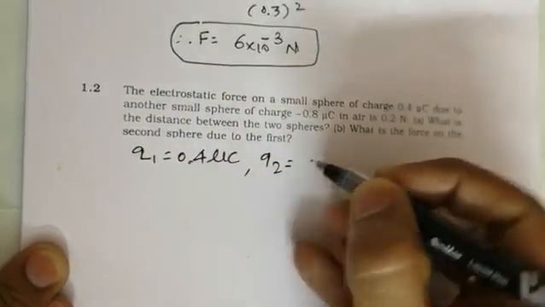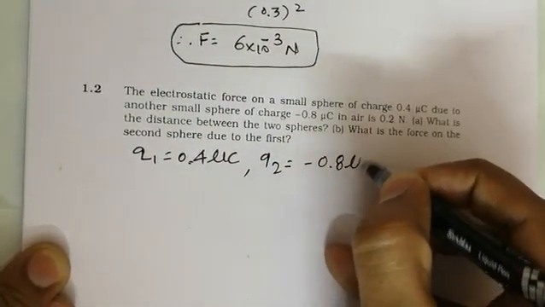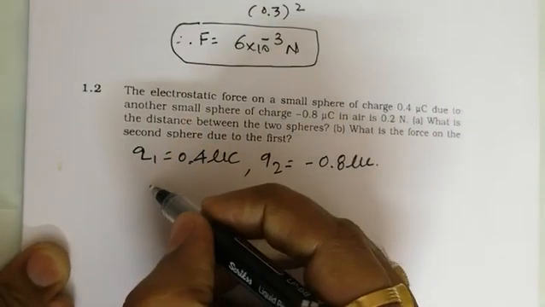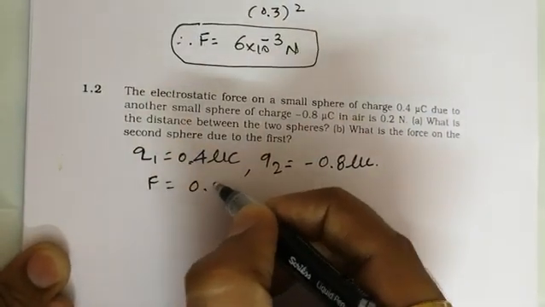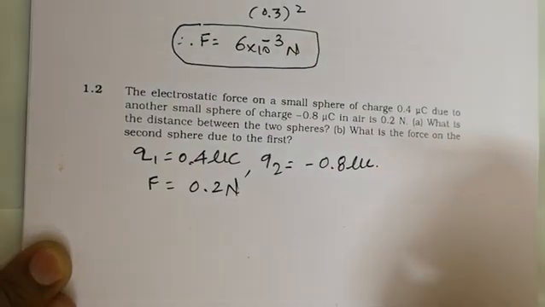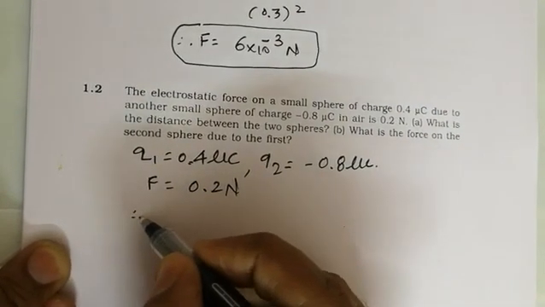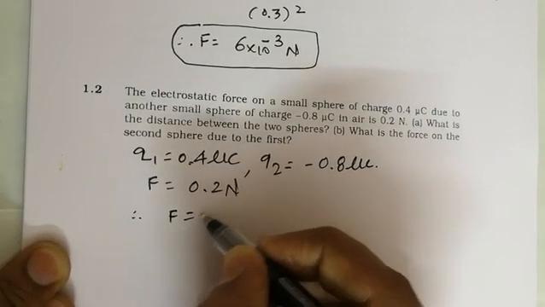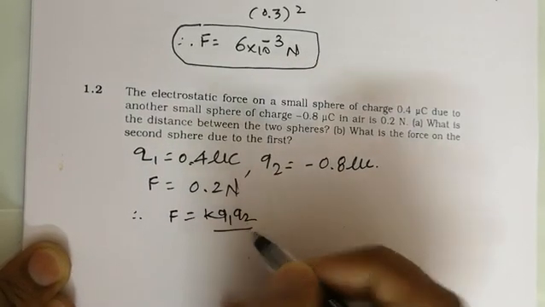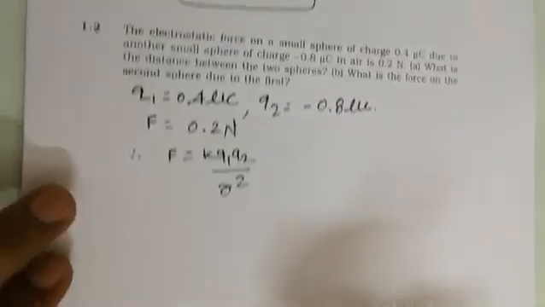We have first Q1, which is 0.4 microcoulombs. Another charge Q2 is minus 0.8 microcoulombs, and the force between them is 0.2 newtons. We have to find the distance between them. First of all I use the formula F equals k Q1 Q2 divided by R square.